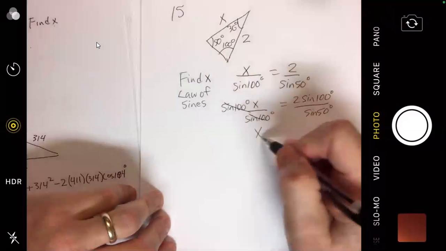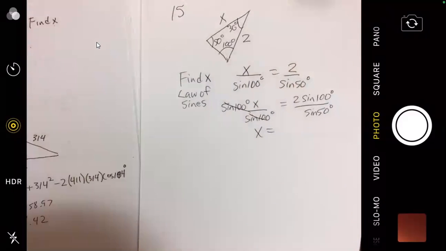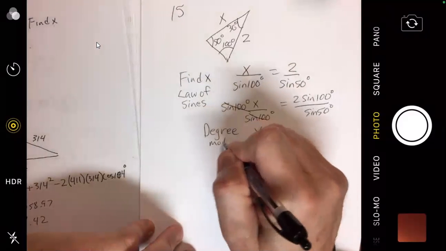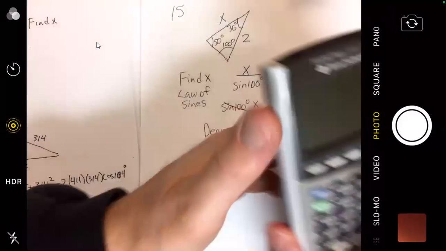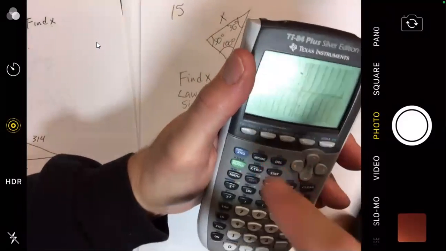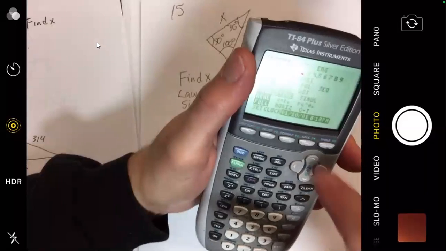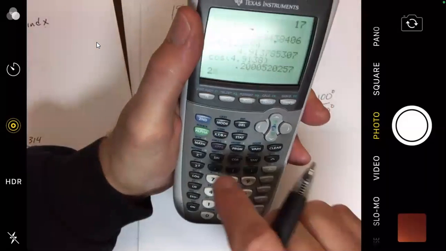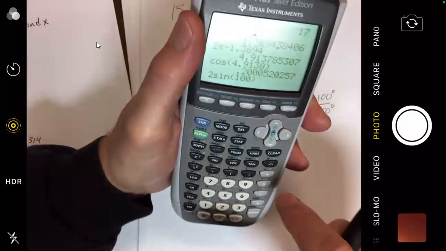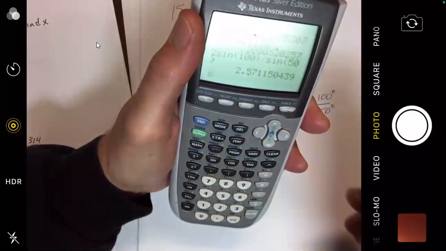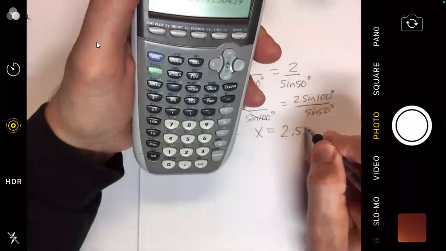These cancel. Now you want degree mode. These kinds of problems work in degree mode, unless you want to individually convert the angles, which we don't really want to do. So 2 times sine 100 over sine 50 is 2.57.